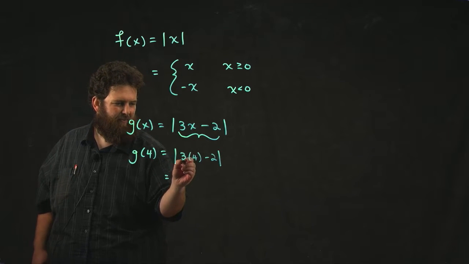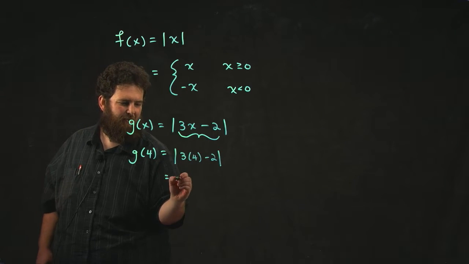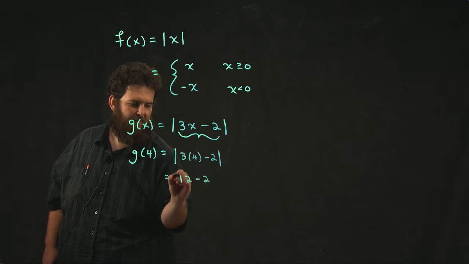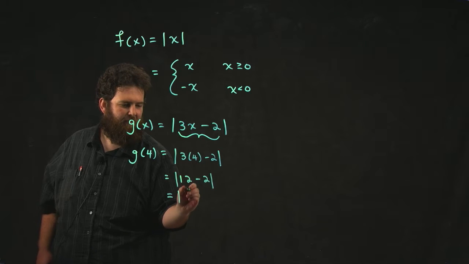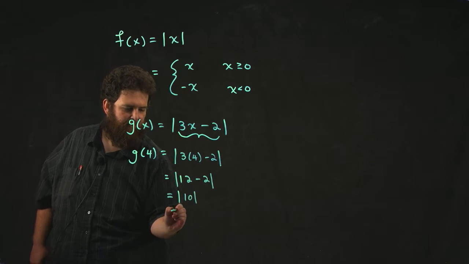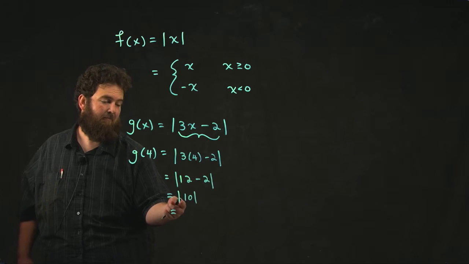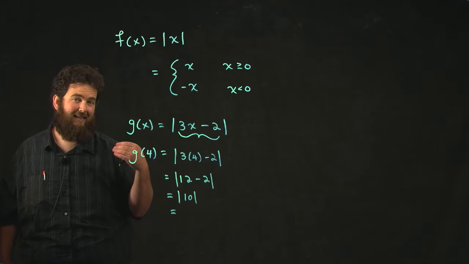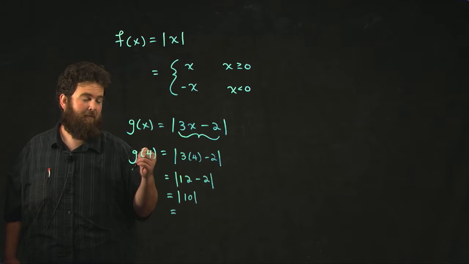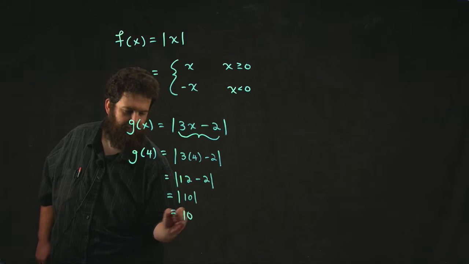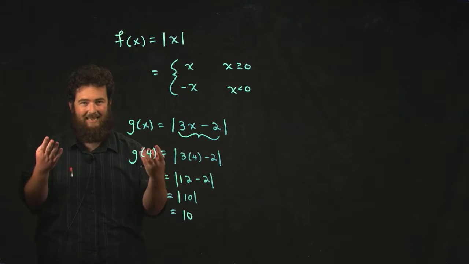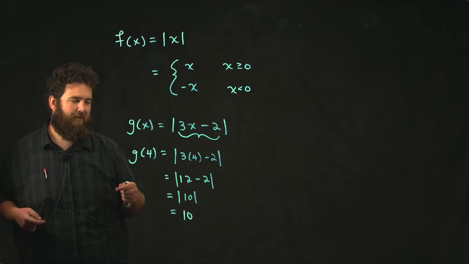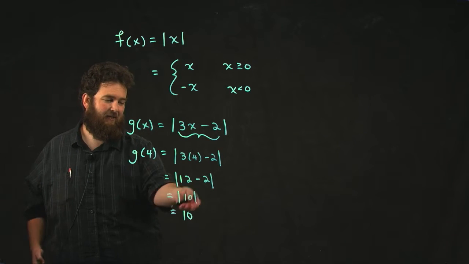Now we have 3 times 4 minus 2, 12 minus 2, and we have the absolute value of 10. The absolute value of 10, remember, is just the distance that 10 is away from 0. So it's going to be 10, right? Every positive number that you take the absolute value of is just going to be that exact number. We would call that the identity function, as long as it's a positive number.